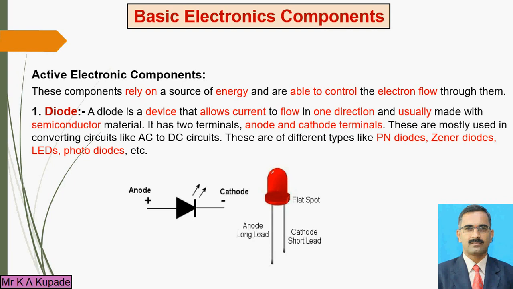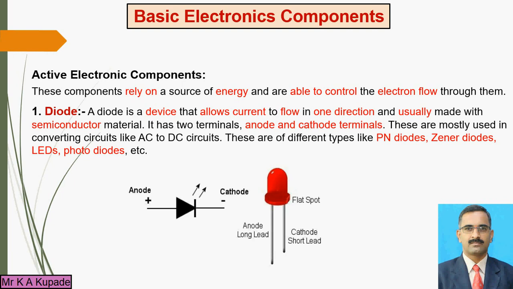In this slide, I have shown the symbol of the LED and how it exactly looks. You can also consider the PN diode, and the Zener diode is some kind of pairing, but it has a different symbol, because in PN there are no arrow marks, while in the LED two arrows indicate the emitted light.